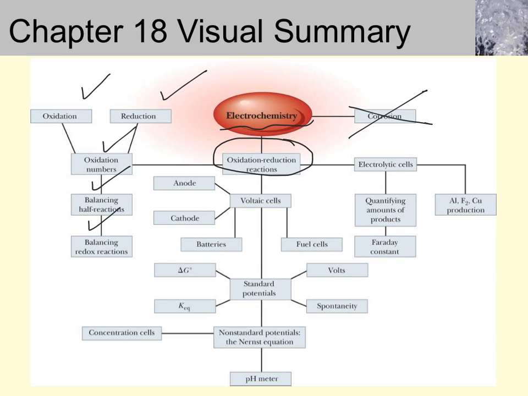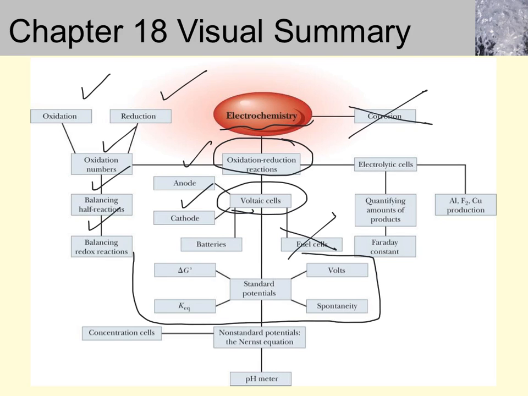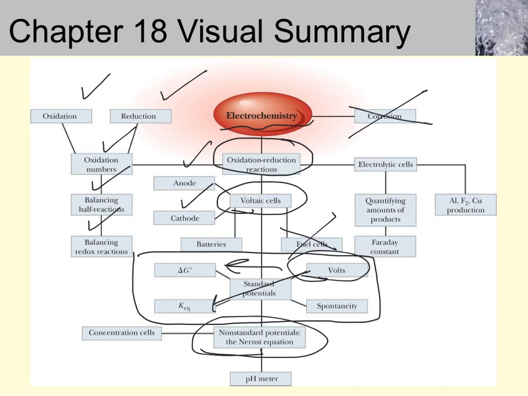Then we looked at voltaic cells, which are spontaneous, and we learned that we have an anode and cathode. We learned the relationship and formulas that relate voltage to free energy and to the equilibrium constant. We use the Nernst equation to calculate E cell under non-standard conditions.